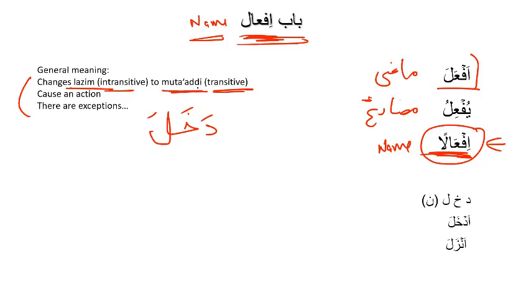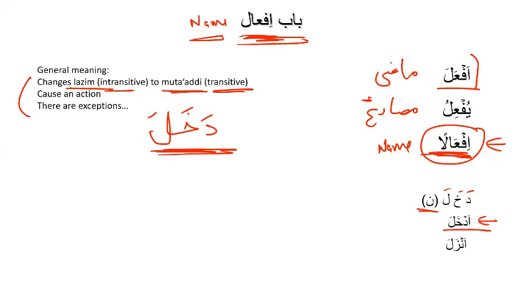Now, when we go from dakhala, which is dakhala yadkhulu, so this is bab nasara, which is salasi mujarrad. If I convert this into babe if'al, what does the past tense become? I will get adkhala.